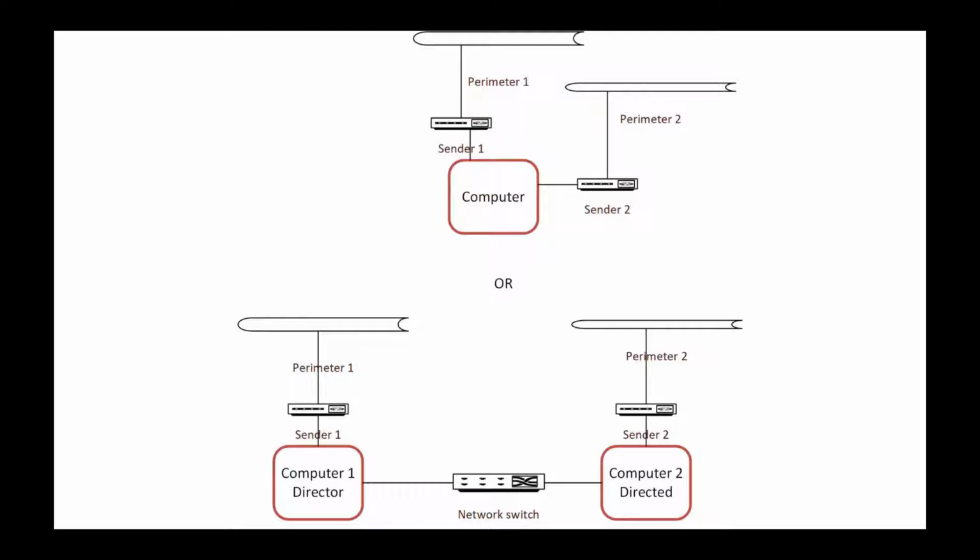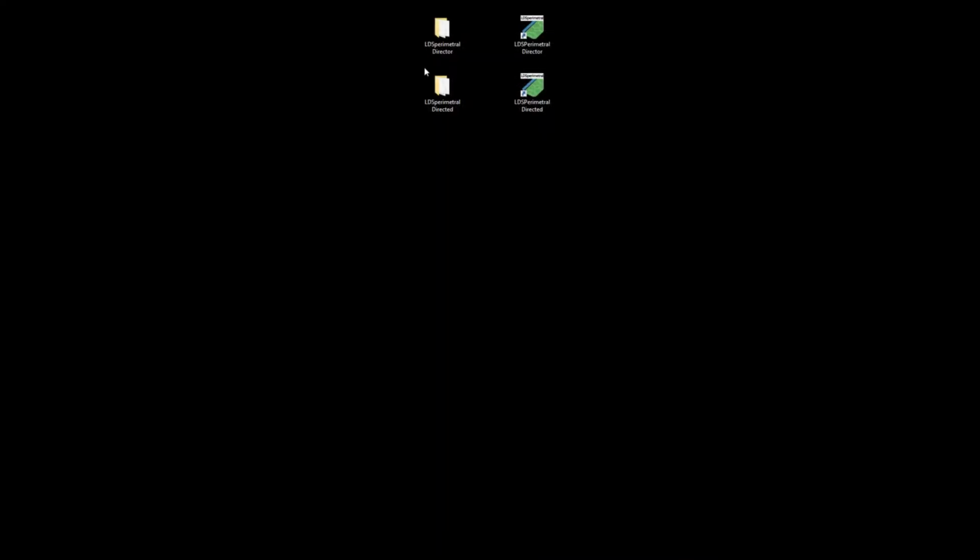But if the computer is powerful enough, you can do it in just one system, connect different senders and control two perimeter systems of different specs. The director system will be a perimeter system with a height of 19.6 pixels, and the directed one will be a perimeter system of 72 pixels height.